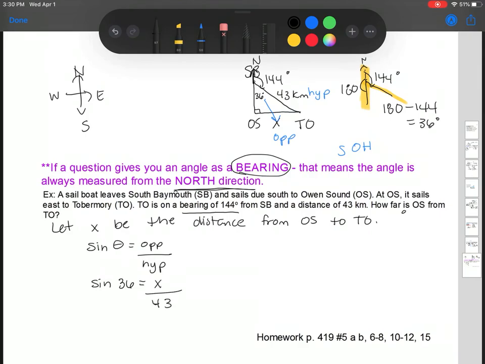So the opposite is the X, hypotenuse is 43. So this one is a little bit simple. When you have the X on top, we just want to get rid of the 43. So you multiply on both sides and you get 25.3 kilometers.